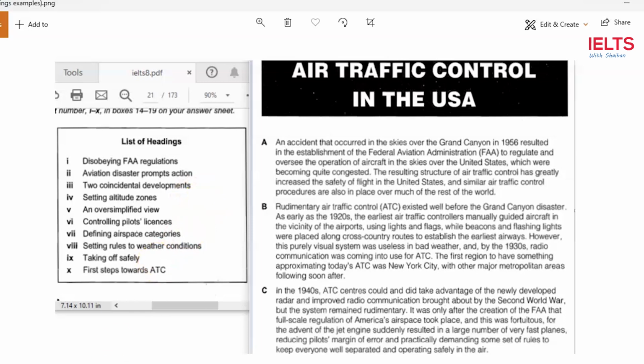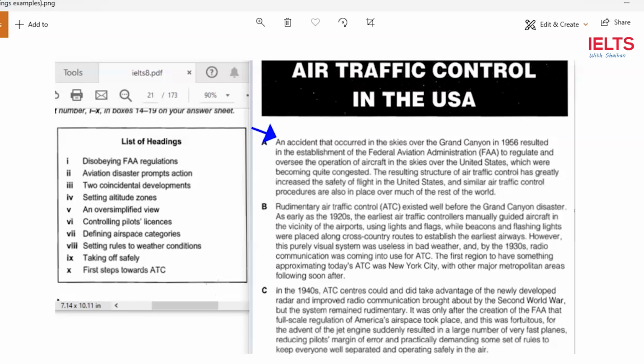If you remember in the class before this one, the introduction into reading, I said every single paragraph in IELTS has got a main idea, then development of the main idea, then examples or views. The headings focus on the main ideas, not the examples given, so I have to catch the main idea.